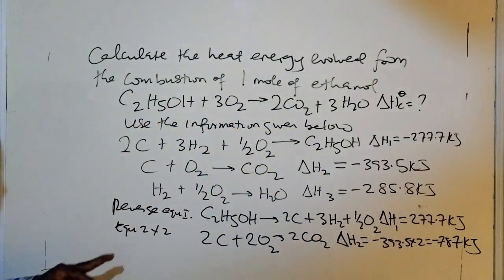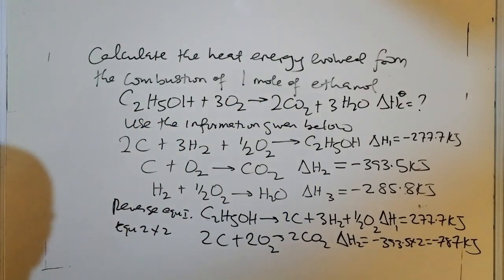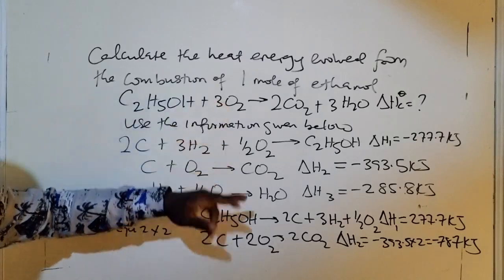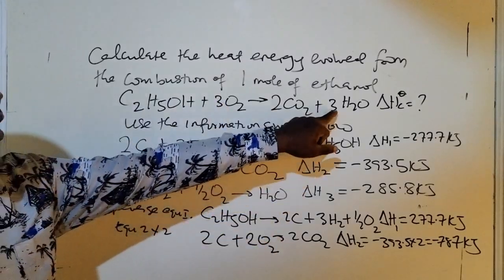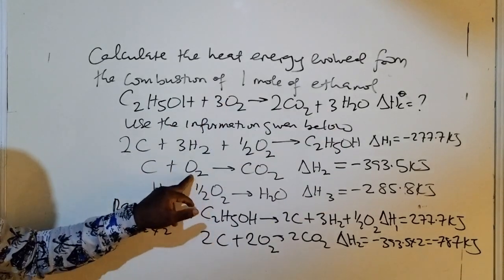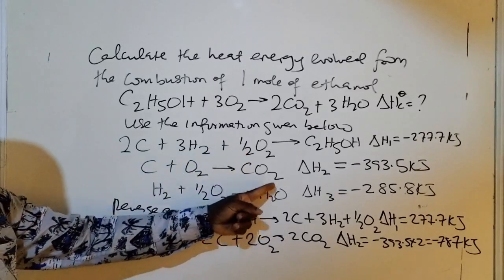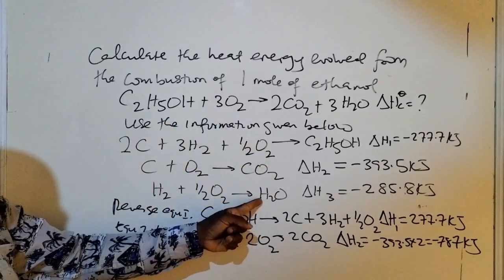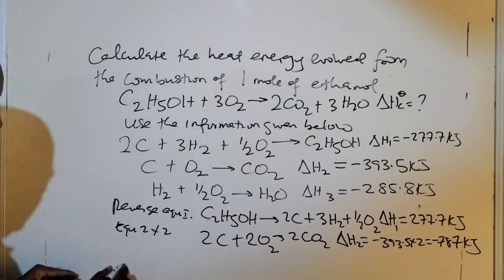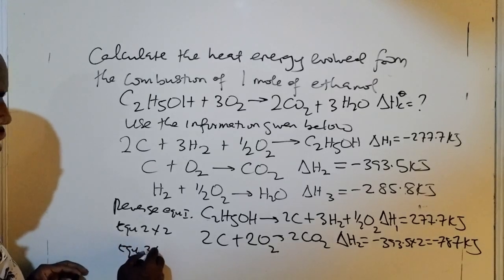Then go to equation 3. Let's look at the substances present in equation 3. Oxygen is there and steam is also there. But oxygen is kept constant. We're not affecting oxygen because oxygen appeared in more than one equation, but steam appeared only once here, and the number of moles of steam is 3. So what do we do? We're going to multiply equation 3 by 3.